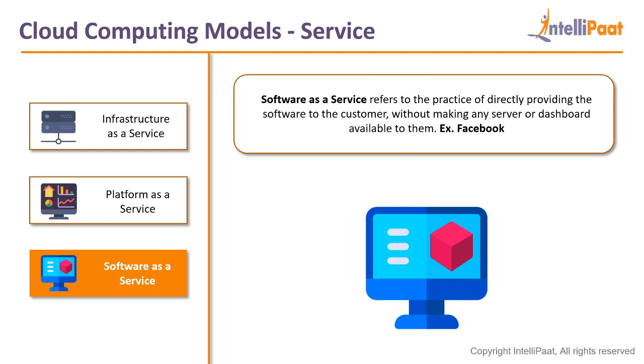Now, all these are software which are deployed on the cloud, but you don't care about which operating system they are using in the background or where exactly they are deployed. You don't care about all that, right? What you care about is just the software and using it. So that is software as a service, and most of the companies also prefer software as a service, and the reason for that is you don't have to handle the headache of deployments, operating system, etc.